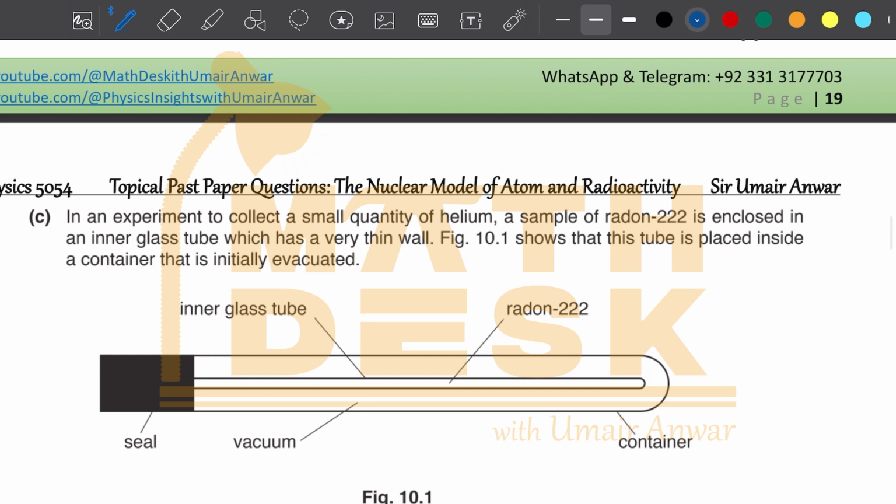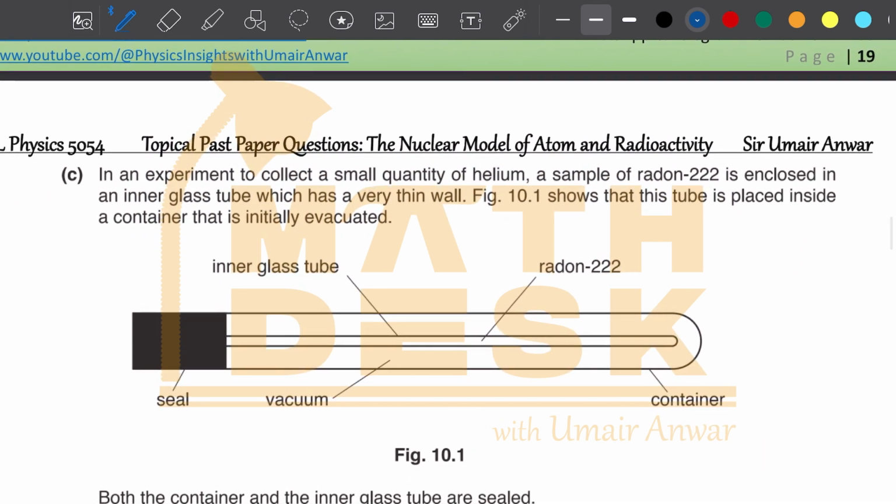The next part says in an experiment to collect a small quantity of helium, a sample of radon is enclosed in an inner glass tube which has a very thin wall. So this is the glass tube here, and we have radon-222 in it. Outside the glass tube there is vacuum in this area, and this is the container, and a seal is placed over here.